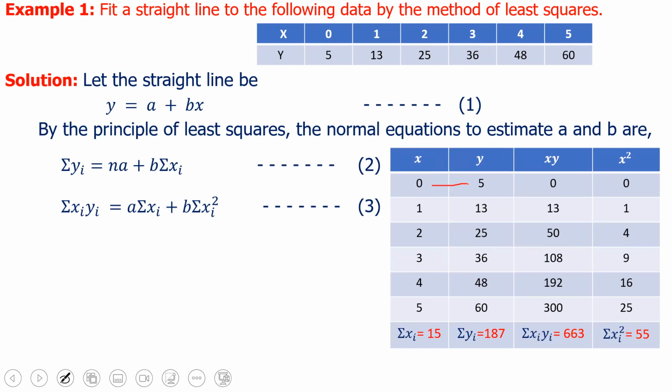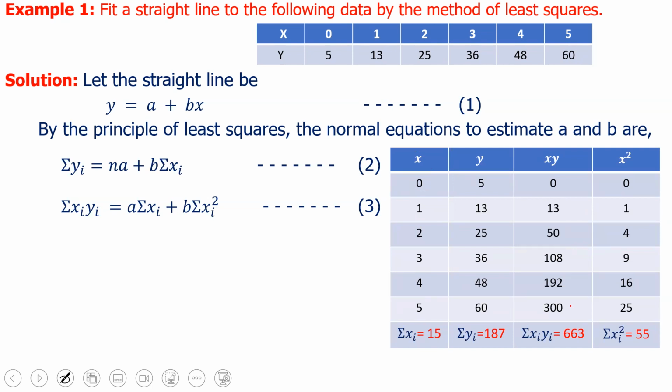So 5 into 0 is 0. 1 into 13 is 13. 2 into 25 is 50. 36 into 3 is 108. 48 into 4 is 192. And similarly, 5 into 60 is 300. So these are the multiplications of x and y.